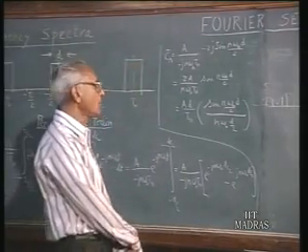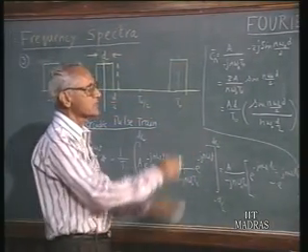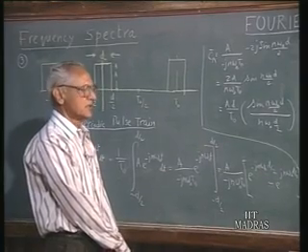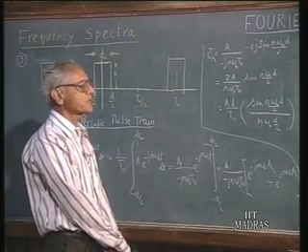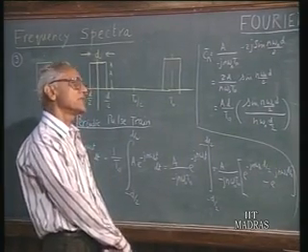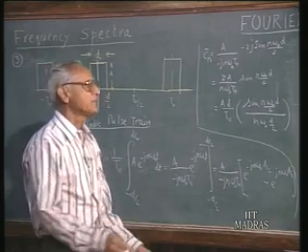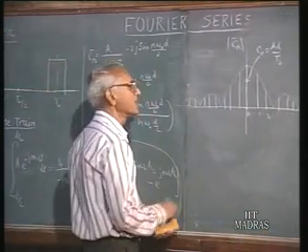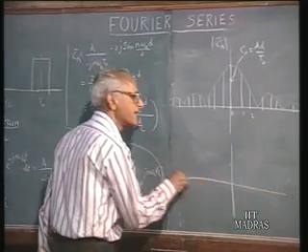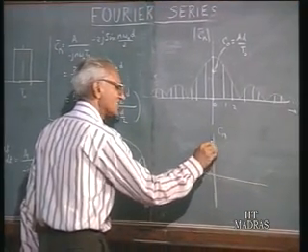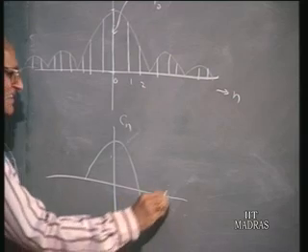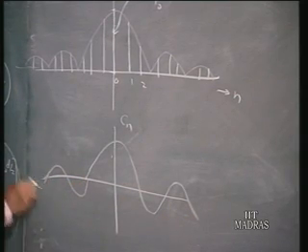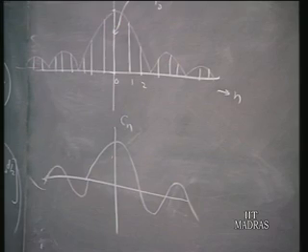So the spectrum of a periodic pulse train will have this type of character, and since this is a real quantity, as far as the phase is concerned, we can say it is either 0 or pi, and sometimes when the Cn quantity turns out to be real, we can plot Cn simply like this. So we don't have to plot the magnitude and phase spectra separately.